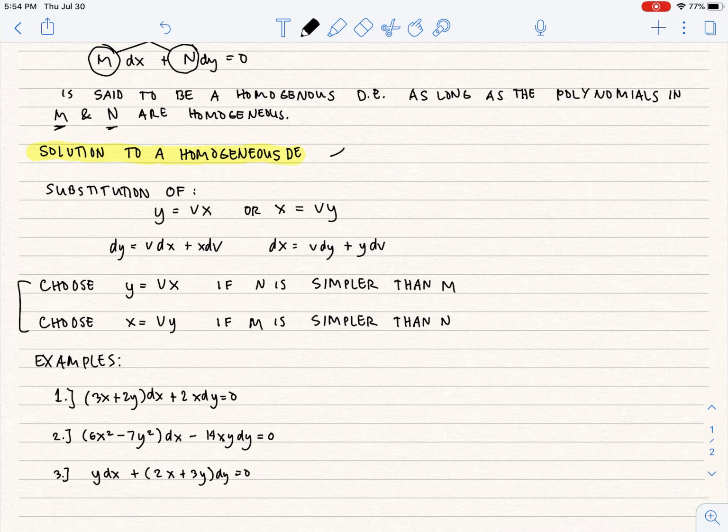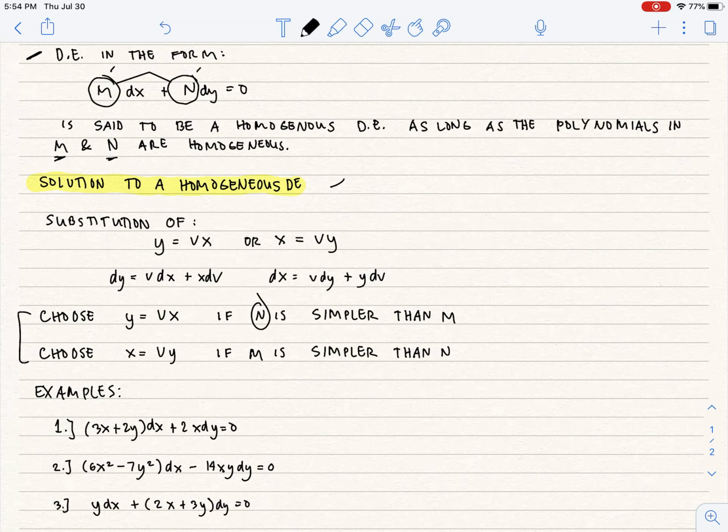There is a condition: choose y equals v multiplied by x if n is simpler than m. So n here is this one, and m is this one, the coefficient of dx. So n is always the coefficient of dy, and m is the coefficient of dx. So that is the first condition.